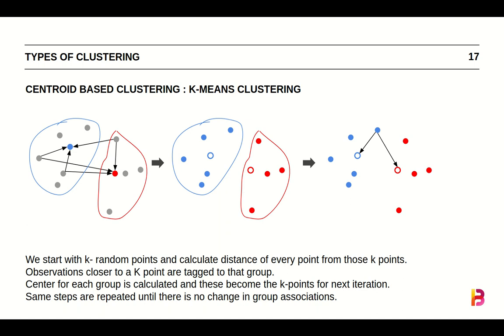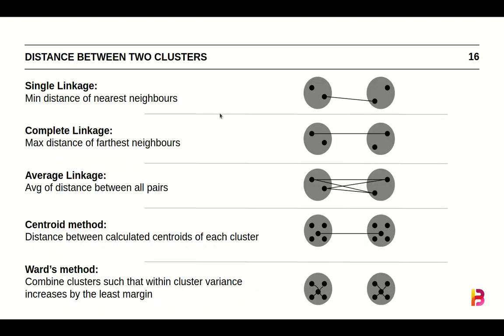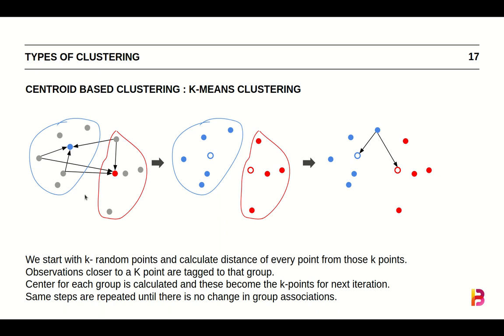So imagine these bunch of gray points as a data set. So tabular data set, as now you would be very clear, can be represented in a mathematical space as a bunch of points. So we start with choosing how many clusters do we need. Why do we start with how many clusters?